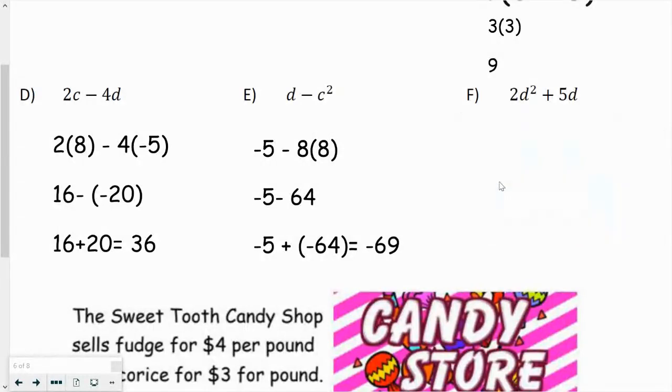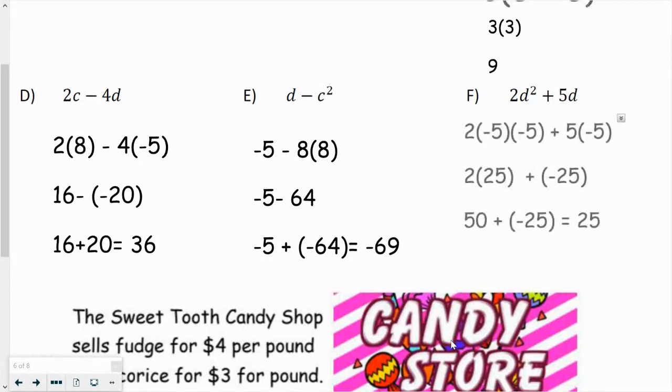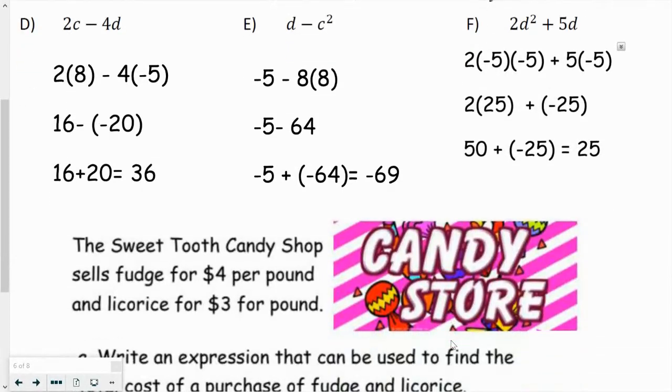Okay, oops. And then I take my 5 times negative 5 to get my negative 25. Break it down. Okay, you don't have to do it all in your head at once. You can break it down little by little to get a positive 25 for your answer. Okay, if you need to, you pause this and fill it in.